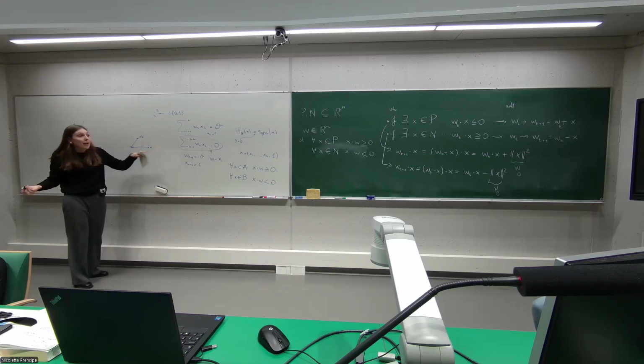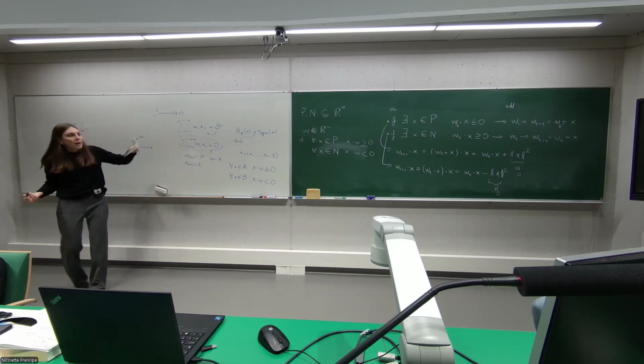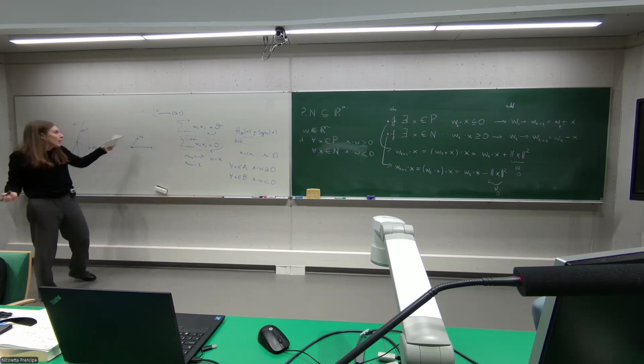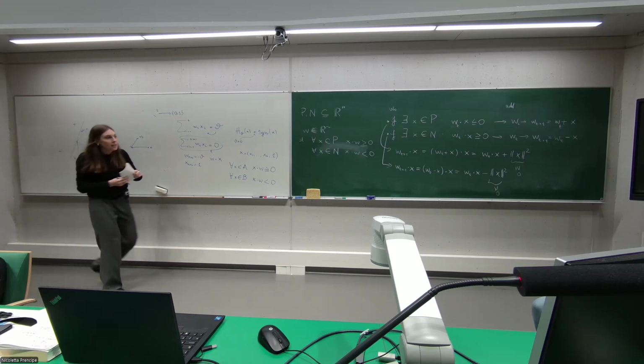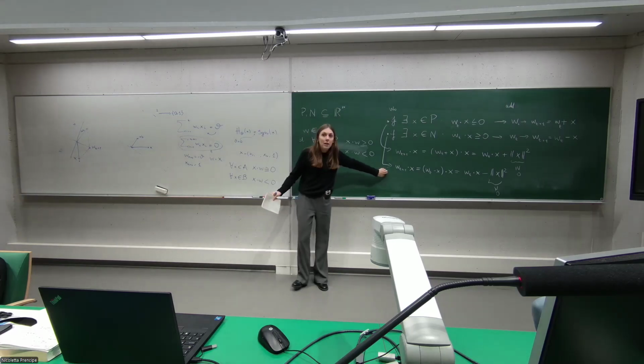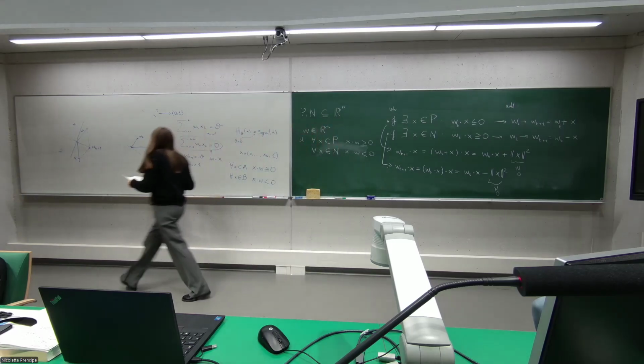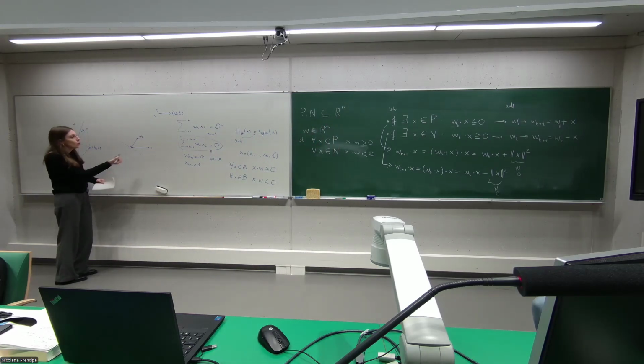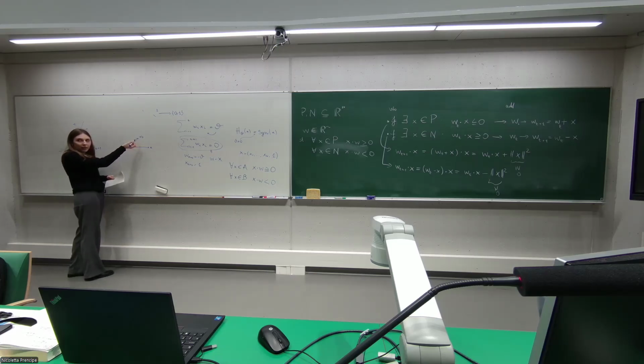I'm classifying it as positive, so I have to move WT. This is the subtraction operation. I do the difference: WT plus the opposite of X, this is minus X.